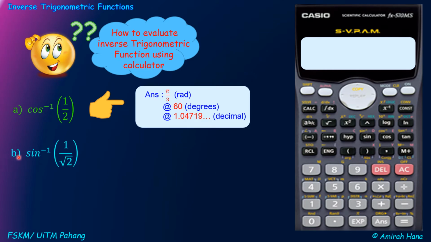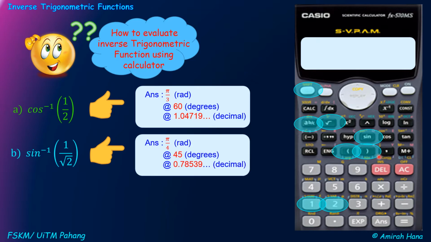Now how to evaluate inverse sine 1 over sec 2? First we press shift and then sine. Shift sine means inverse sine. And then we open bracket, and then 1 over sec 2, and then we close bracket. After that we press equal sign.